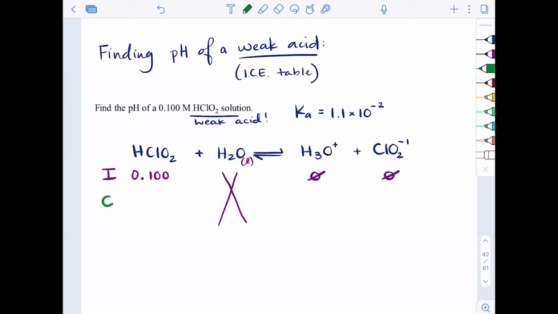We know there has to be a change in concentration. We're going to subtract reactants and add products. We can tell that by looking at that we start with no products. And at equilibrium, we have these values.